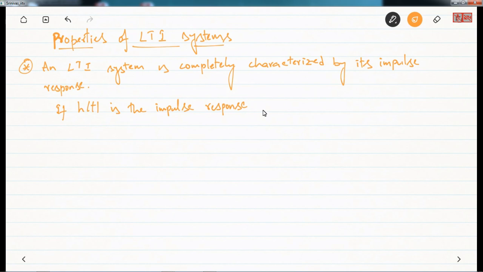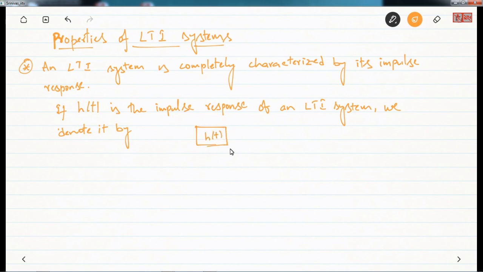If h of t is the impulse response of an LTI system, we denote it like this.